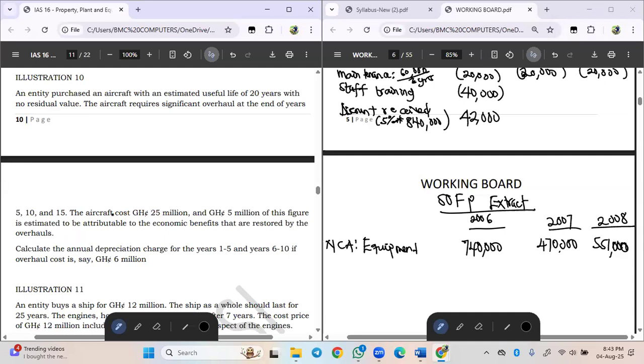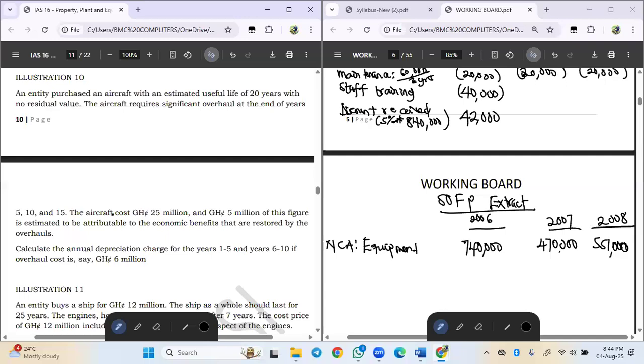The aircraft requires significant overhaul at the end of years 5, 10, and 15. The aircraft cost 25 million, and 5 million of this figure is estimated to be attributable to the economic benefits that are restored by overhauls.